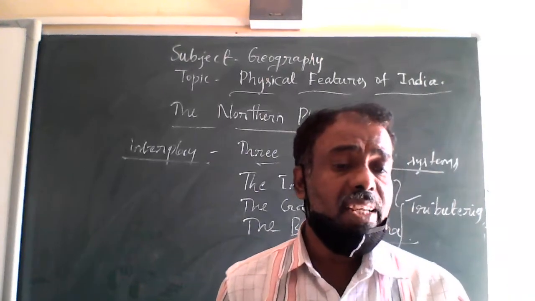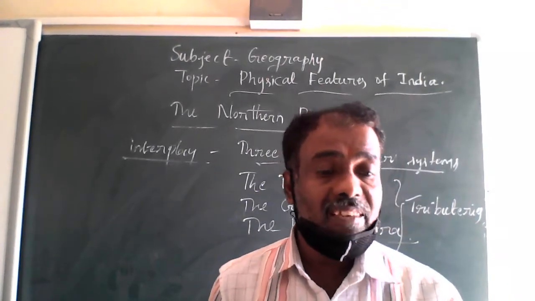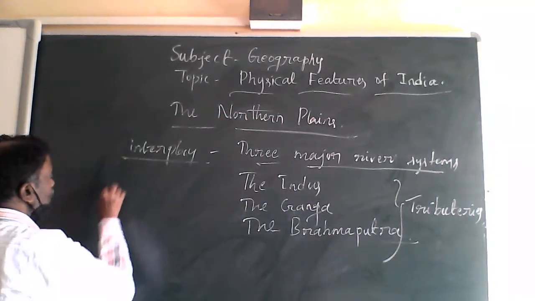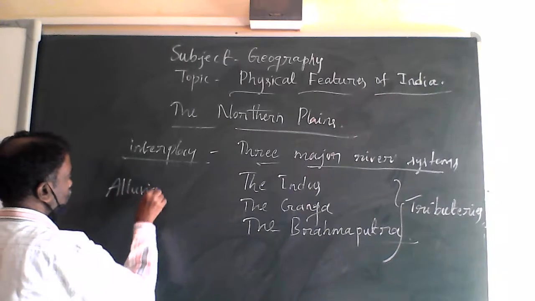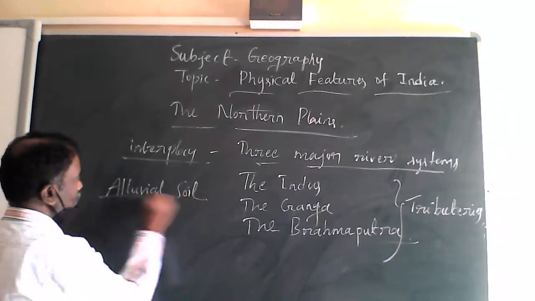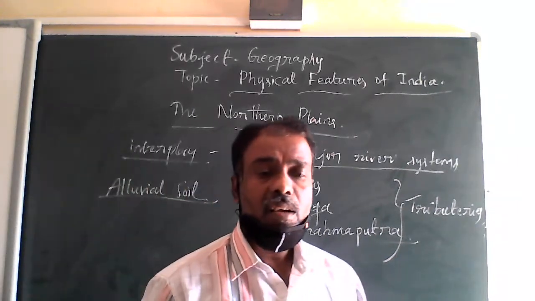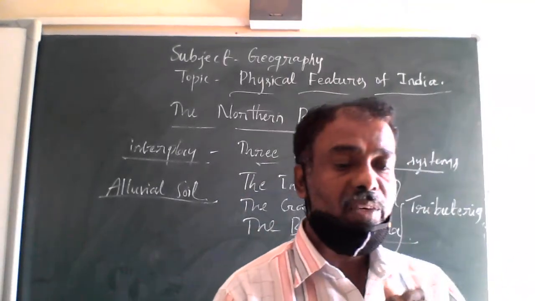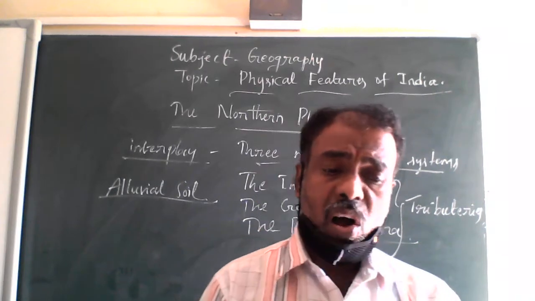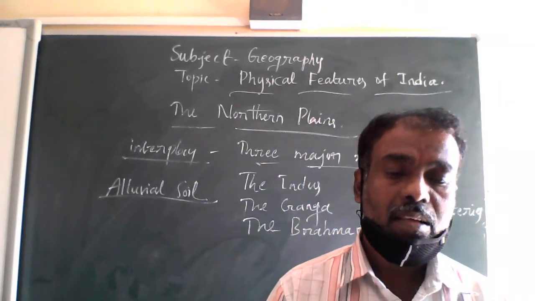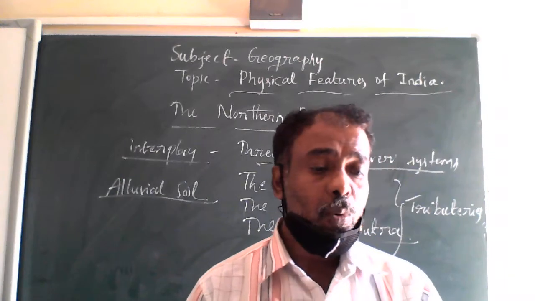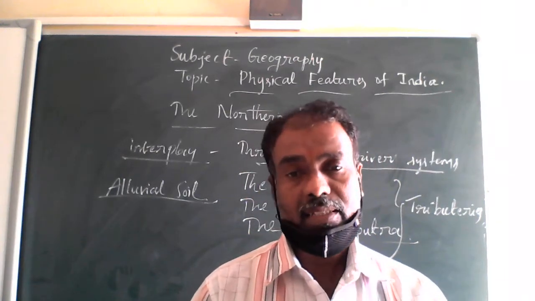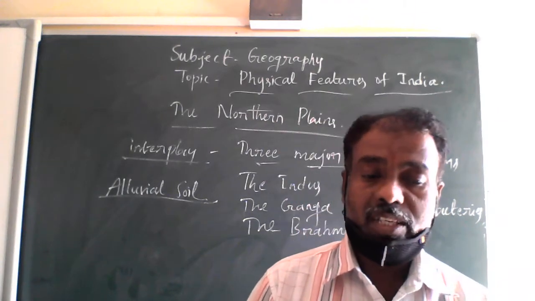This plain is formed of alluvial soil, by the deposition of alluvium in a vast basin lying at the foothills of the Himalayas over millions of years.